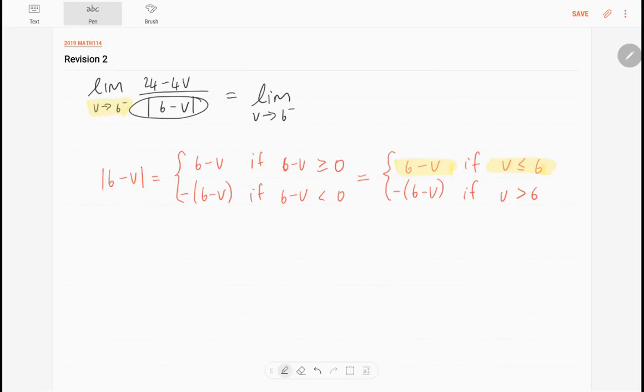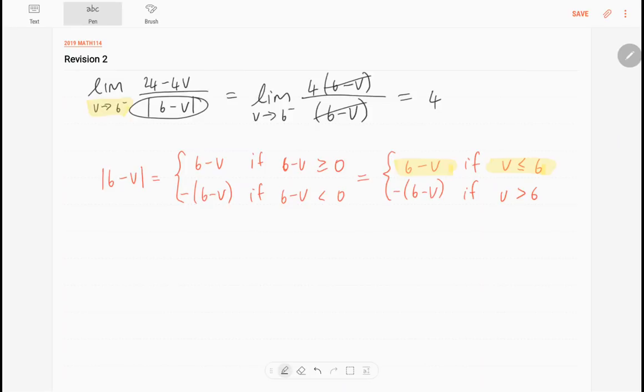And then in the numerator, I'm just going to take out a common factor of 4 so that it looks the same as what we have in the denominator. And we know that we can write the denominator as just 6 minus v without the absolute values now. Then these two cancel, so we have the limit of the constant 4, which is just 4.